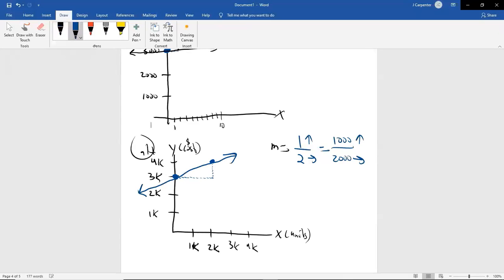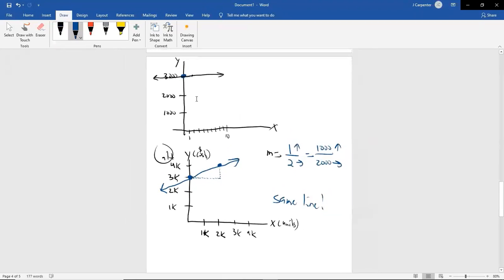There's our second point, and here's the line. Now please understand, this is the same exact line as what you see above it. They're just scaled differently. That's what I was talking about, how maybe media can misrepresent information by just choosing a scale completely differently. Now, which one's better?